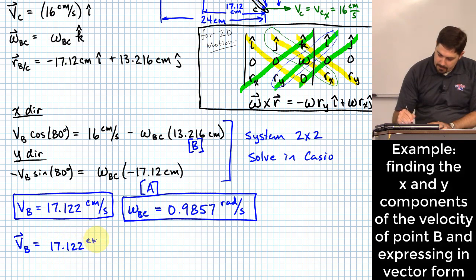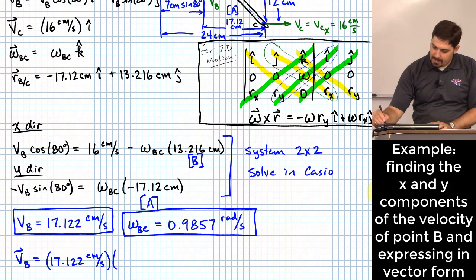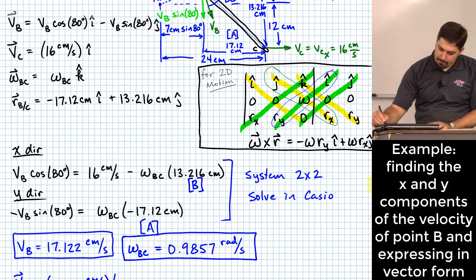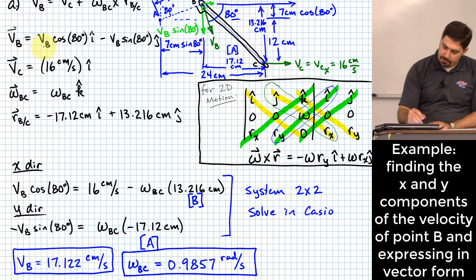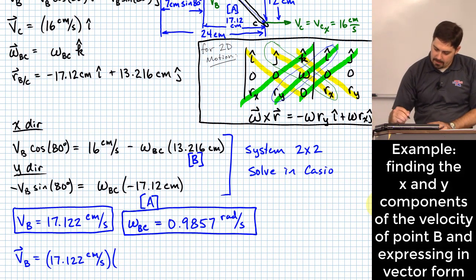17.122 centimeters per second multiplied by, remember up here how we defined that thing in the first place, V_B cosine of 80 degrees would be the x component. So we multiply here by the cosine of 80 degrees, and this would be my I component.